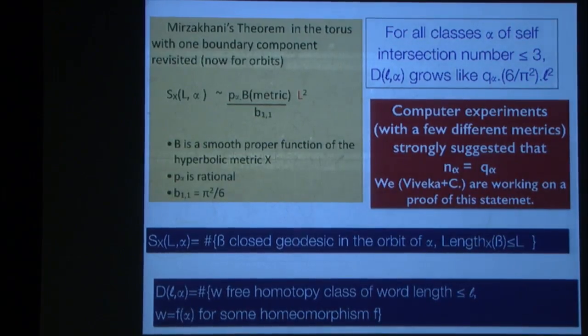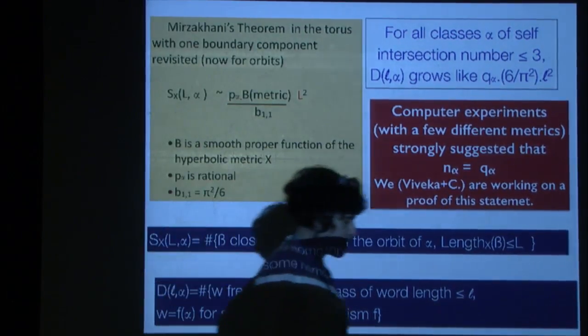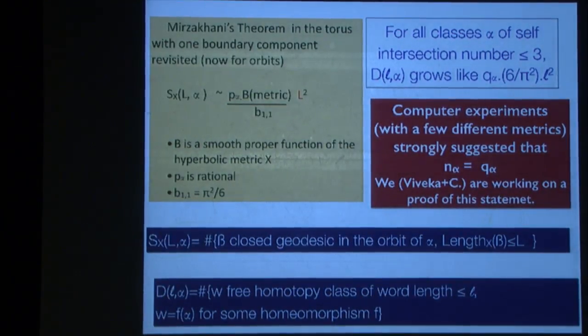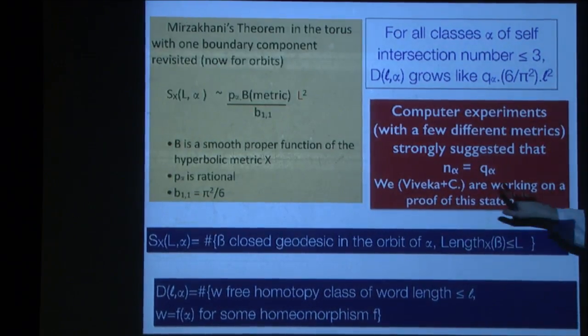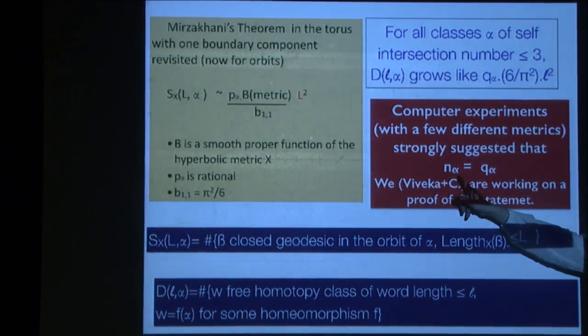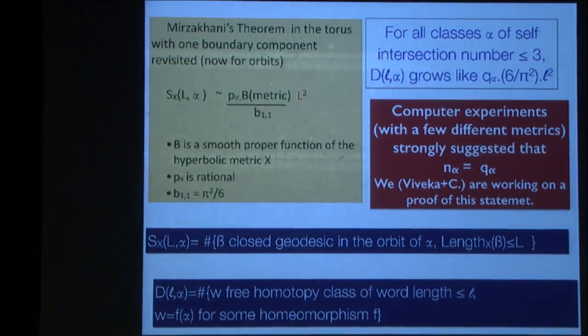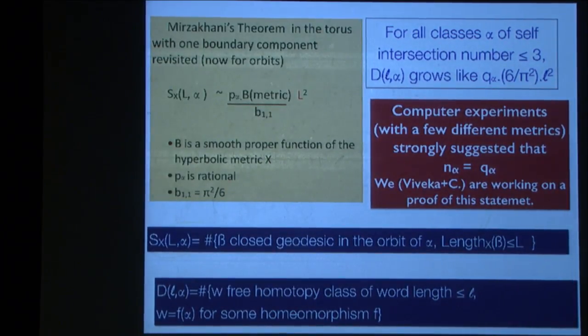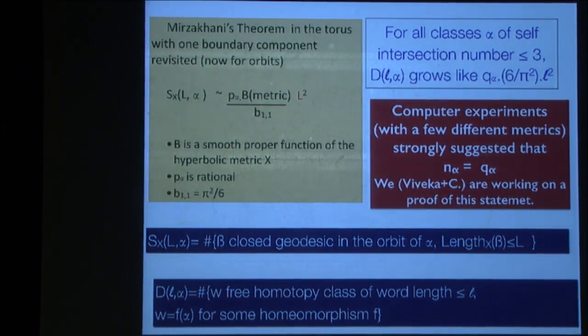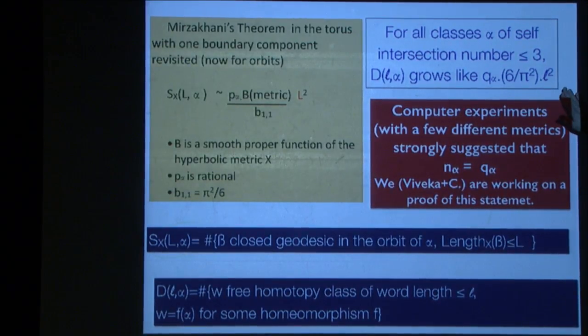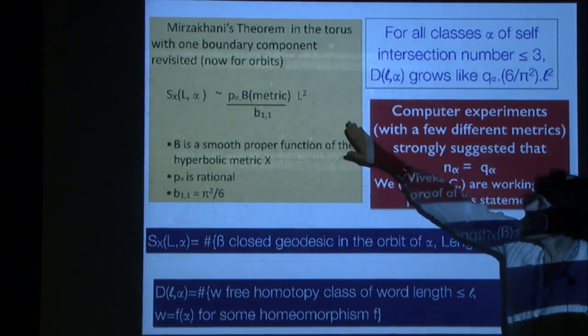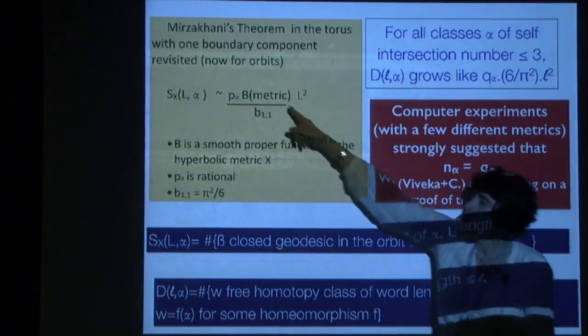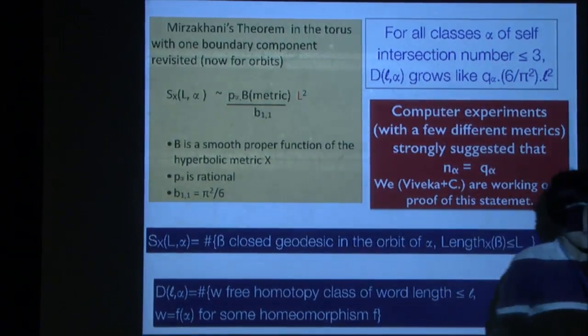So the growth, first, when I found it in the computer, I was taking ratios, and so the rationals we found yesterday for the growth, which are related to the combinatorics of the curve in word length, we have this growth. To get the growth that Mirzakhani gets, you have to multiply by this constant.